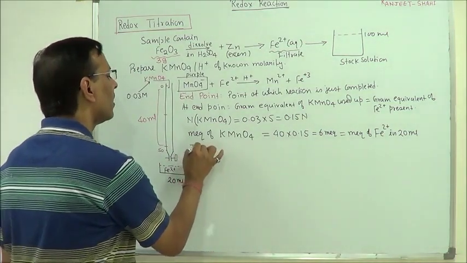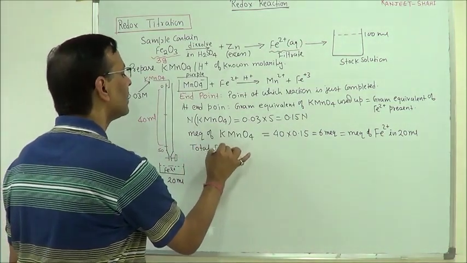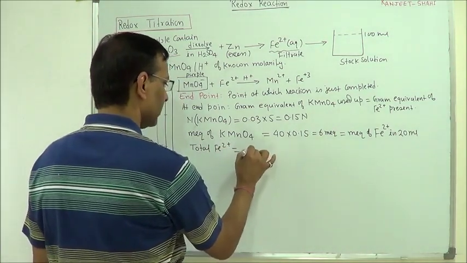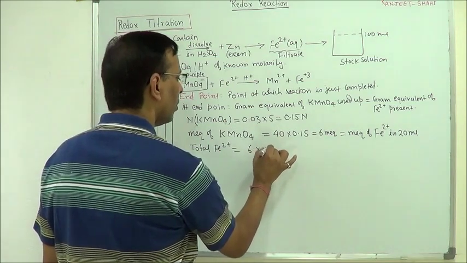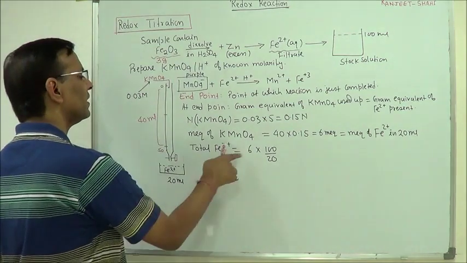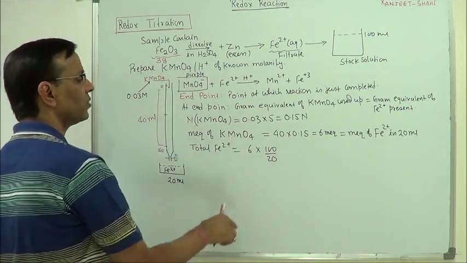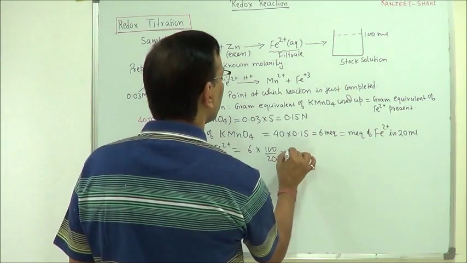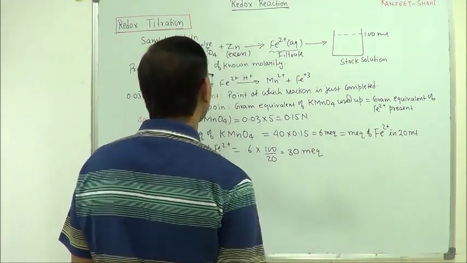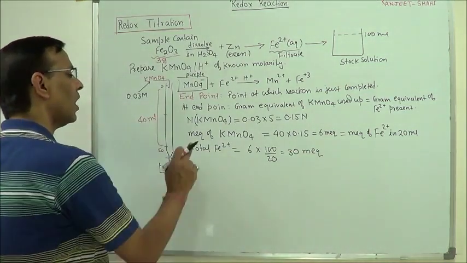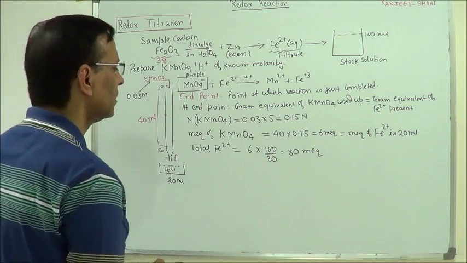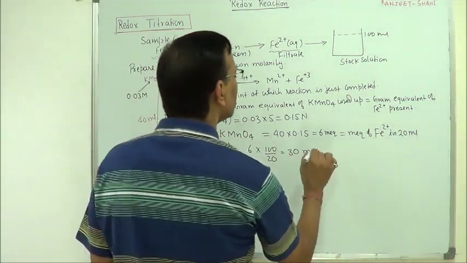So total ferrous ion will be 6 into 100 by 20. 20 ml contains 6, so 100 will contain 6 into 100 by 20, so 30 milliequivalent. Now we have to convert this ferrous into ferric oxide. So let us first convert this into millimole.